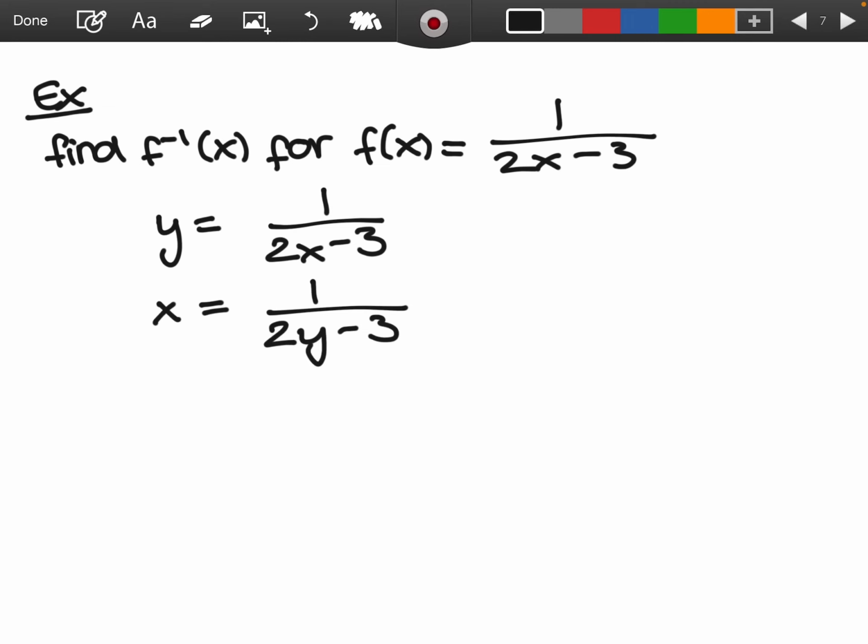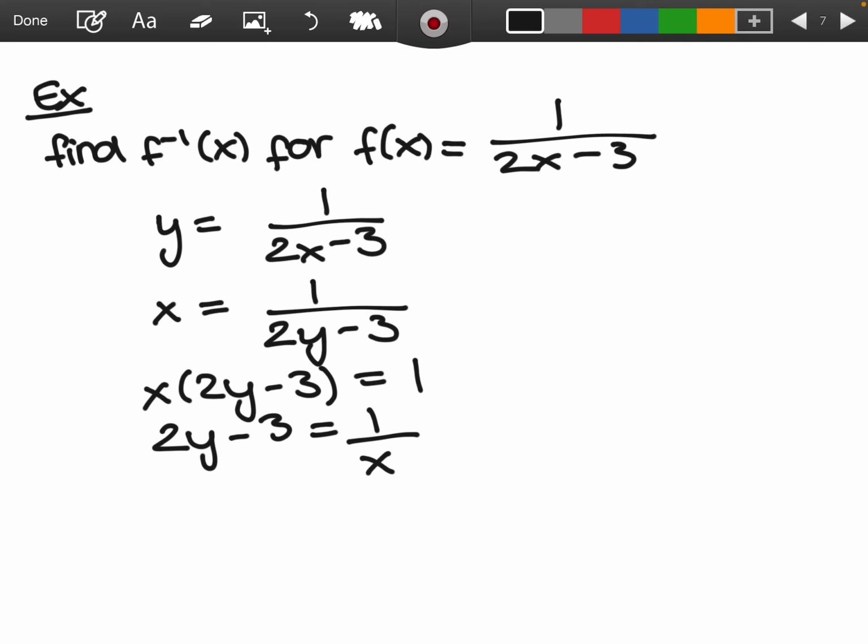Everywhere I see a y, I put an x, and everywhere I see an x, I put a y. Now I need to solve this for y. So I'm going to multiply both sides through by 2y minus 3. And I'm going to divide both sides through by x. I'm going to add 3 to both sides.